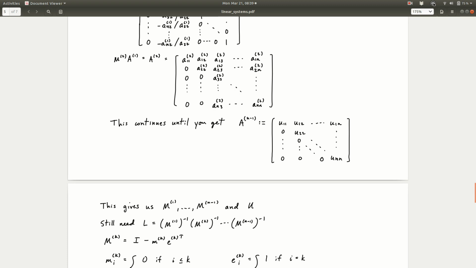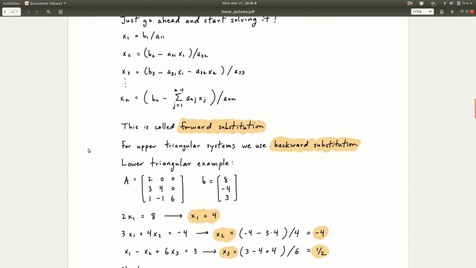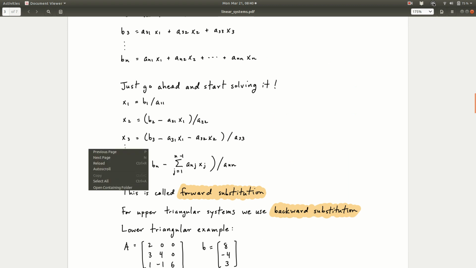And then the next to last one is going to be like UN minus 1, N minus 1 times XN minus 1 plus UN minus 1, N times XN equals BN. And you can just substitute in and go backwards. So that's why, for upper triangular systems, it's called backward substitution.